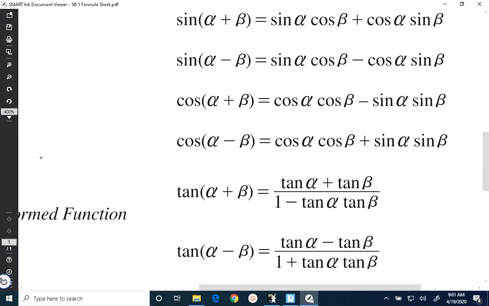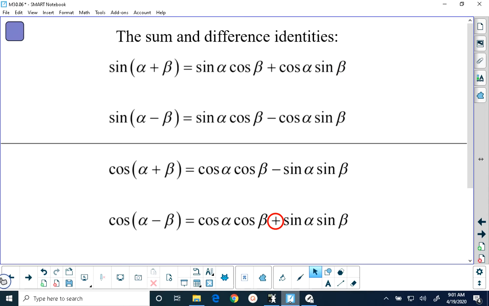Because we are a little bit crunched for time in trying to get through the course under these conditions, I'm not going to worry about the tangent identities for sum and difference. Even if you're worried about going on next year to Math 31 or Calculus, where you're going to be using some of these identities, I think you can get by dealing with only the sine and the cosine identities for sum and difference.